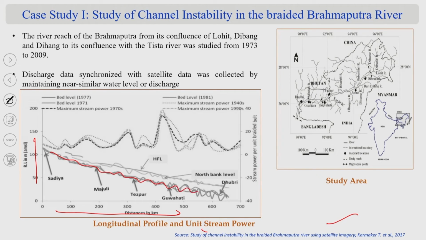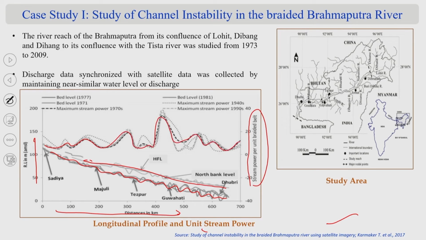These are the bed slopes, how they change over 700 kilometers of the Brahmaputra river. And how the high flood levels are changing. But if you look at the stream power per unit braided belt, per unit width, it changes like this.